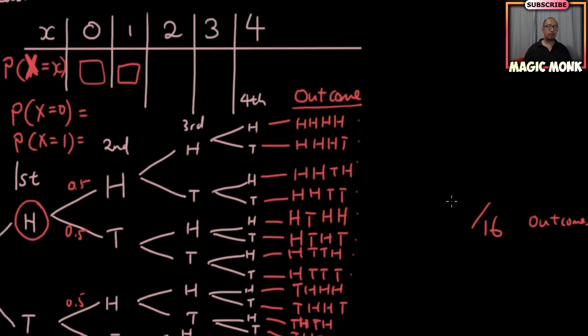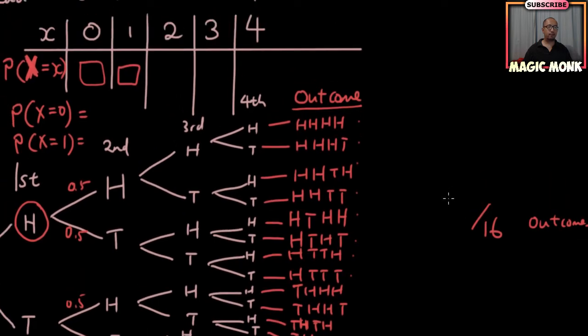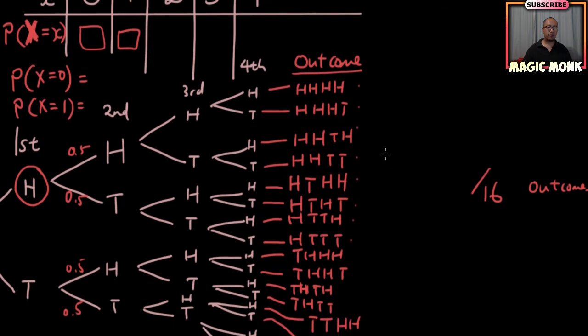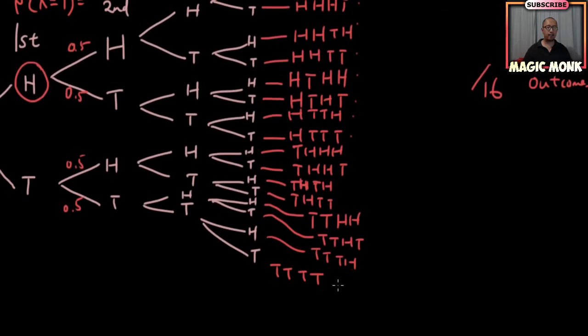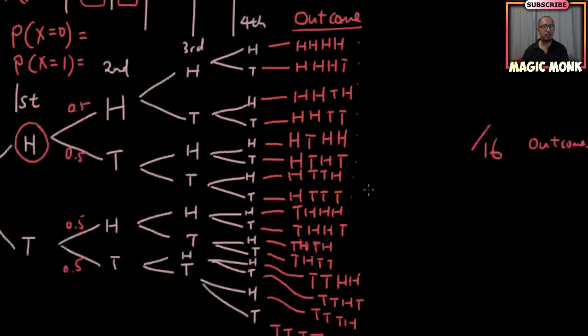So what do I have now? We got four heads at the top. We're looking for how many of these outcomes have no heads. Let's look through this list. The only one that has no heads is that one. So there's only one of them with no heads.